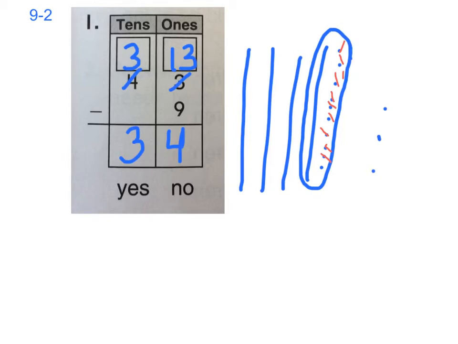Now let's look at your picture, which should also show 34. And yes, we had to regroup.